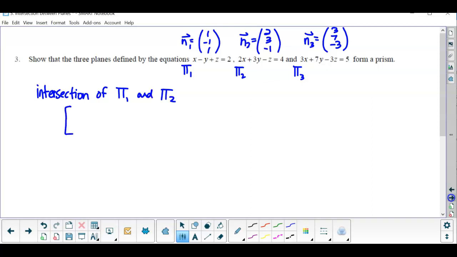So again, 1, -1, 1, 2, 2, 3, -1, 4. For fun, you might want to do one of these algebraically. I think the solutions I have in Schoology are algebraic, just so you can see that.